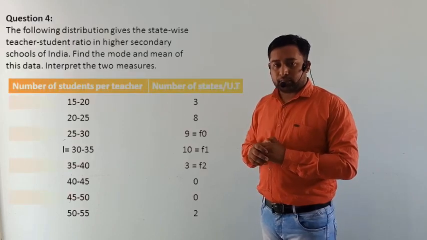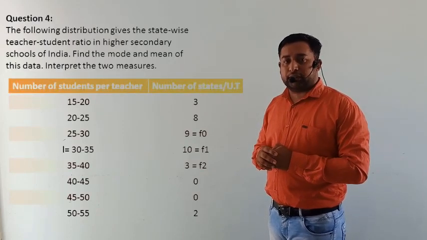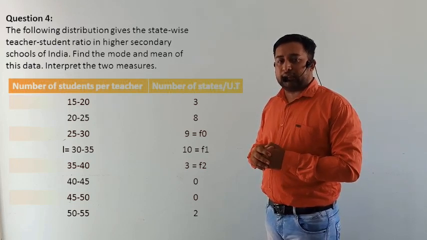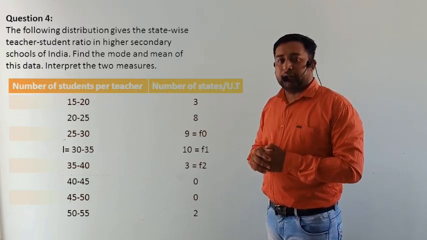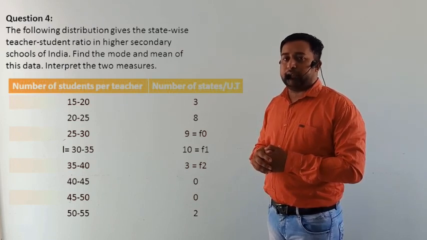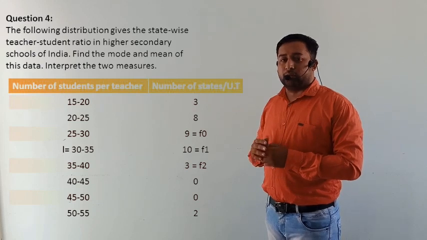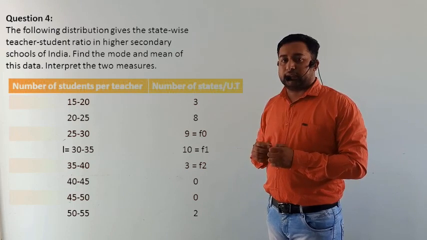From the next question, number 4: the following distribution gives the state-wise teacher-student ratio in higher secondary schools of India. Find the mode and the mean in this data. Interpret the two measures. We need to find mode as well as mean in this data. So first let's check the table.